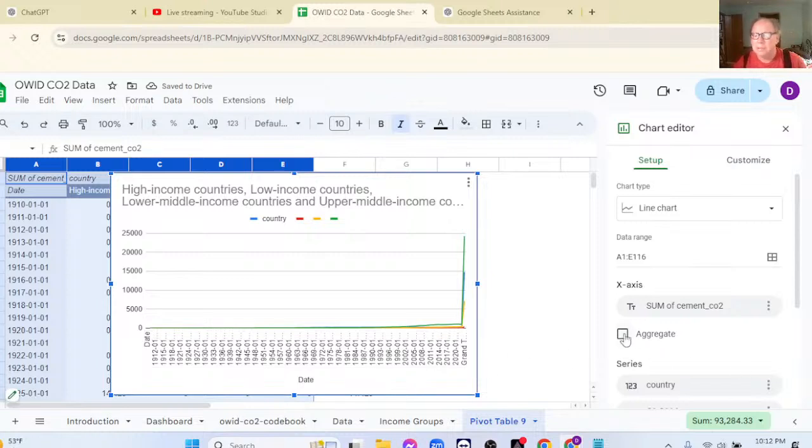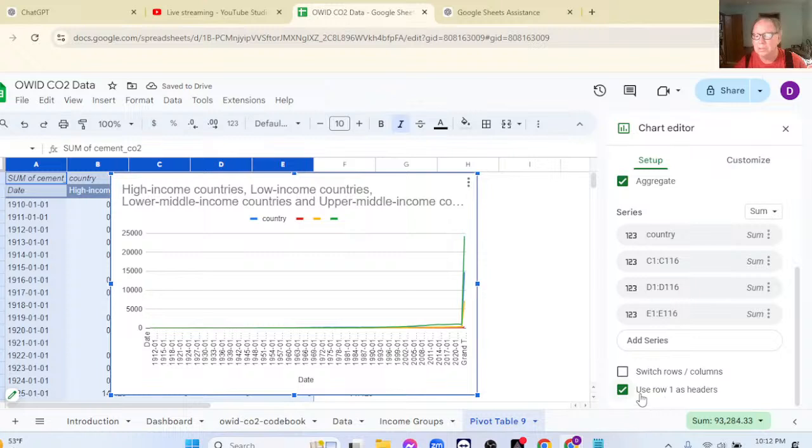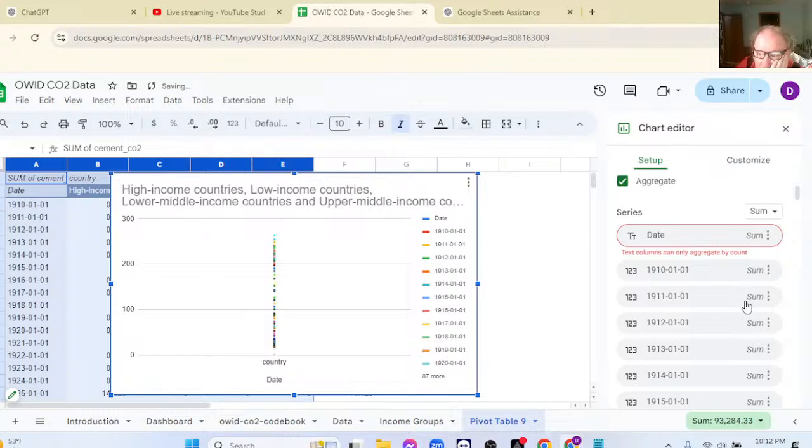Aggregate, come down here. That didn't work.